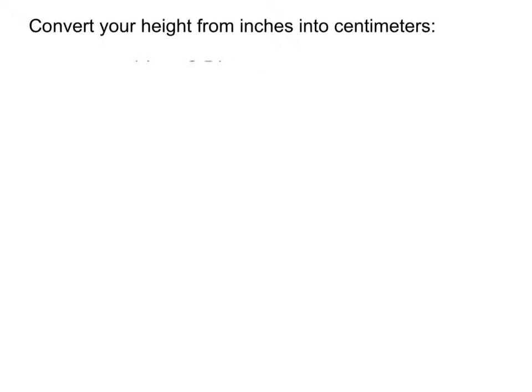The first thing you really have to do is know your height in inches. Let's just say, for the sake of argument, since I can't do everyone's individual one, you are 5 feet 6 inches tall. So the first thing is you have to convert that into inches. Well, 5 feet, we're going to do some dimensional analysis early.